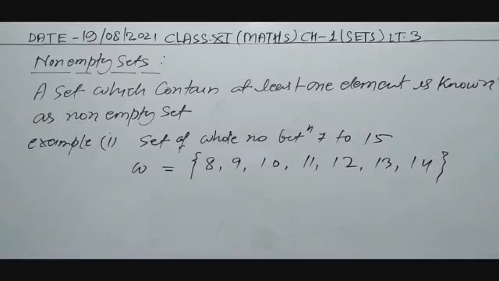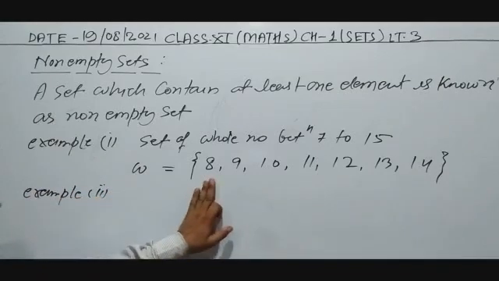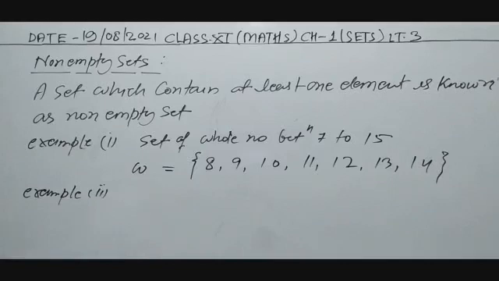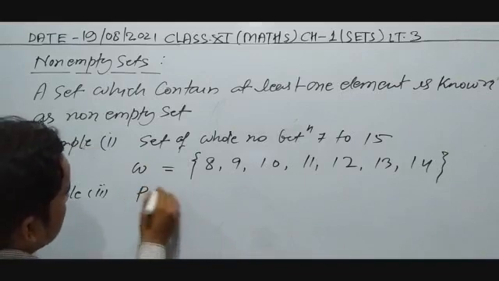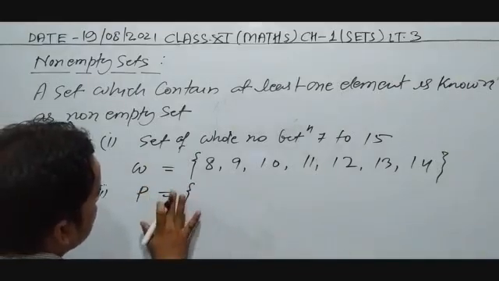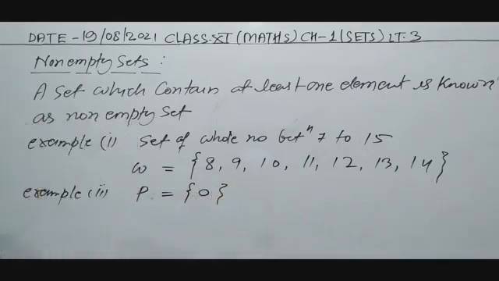Now come to the second example. Suppose we are talking about a set, P is equal to {0}. This is a set, so this is a non-empty set. How?